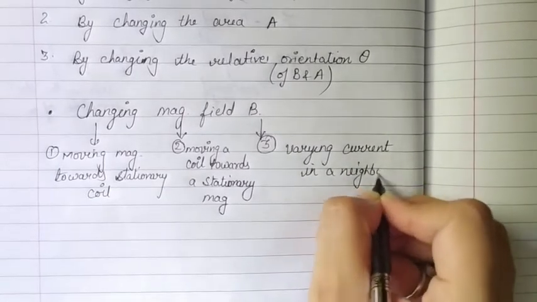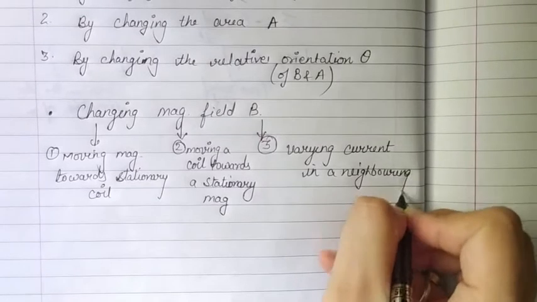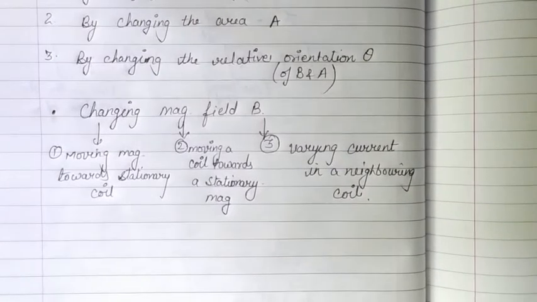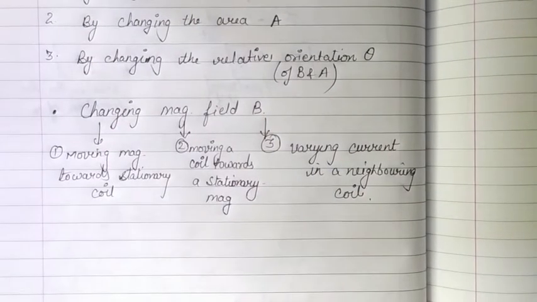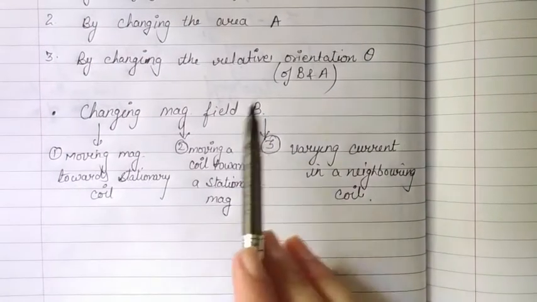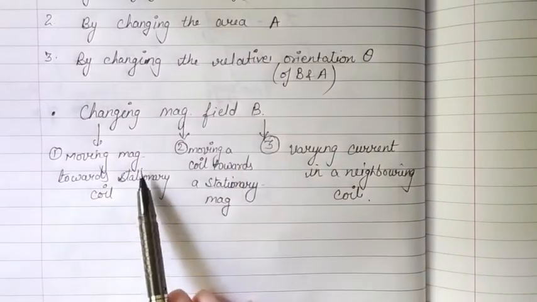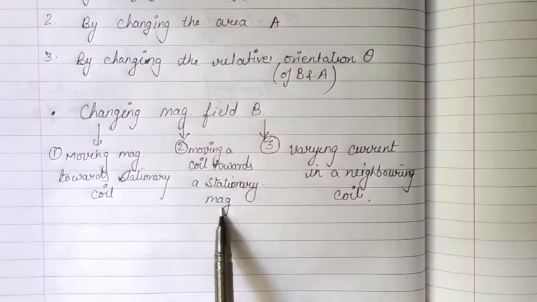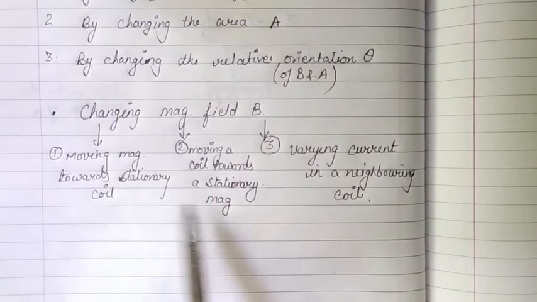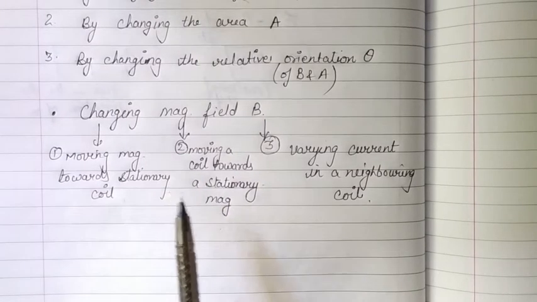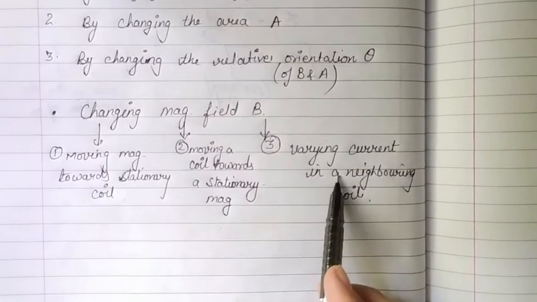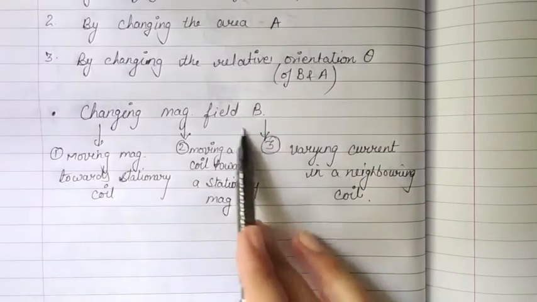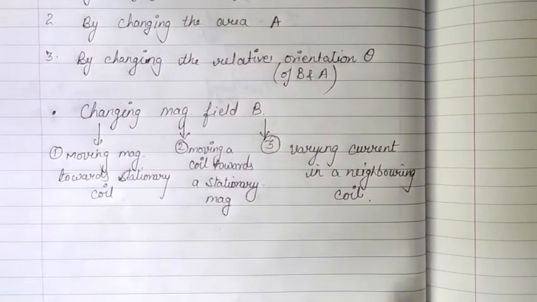Basically this first method is based on Faraday's experiment. All these points we have studied in Faraday's experiment in the earlier videos. So we can change the magnetic field by either moving a magnet towards a stationary coil or moving a coil towards a stationary magnet, means there is some relative motion between the magnet and the coil, or if we have two coils, then by changing the current in a neighboring coil we can also change the magnetic field B. This is case 1.